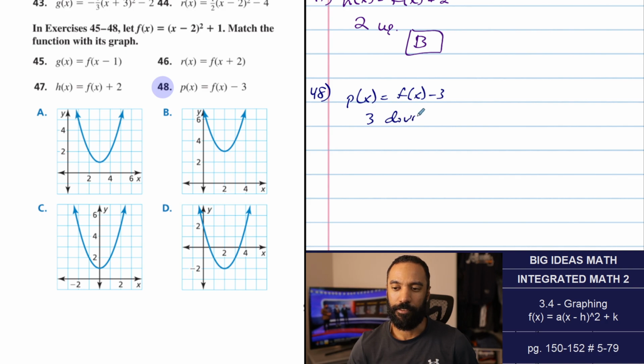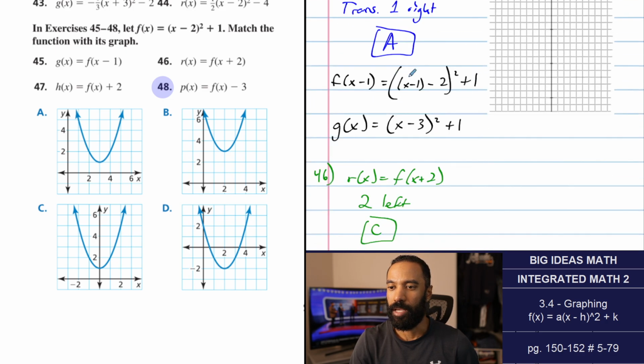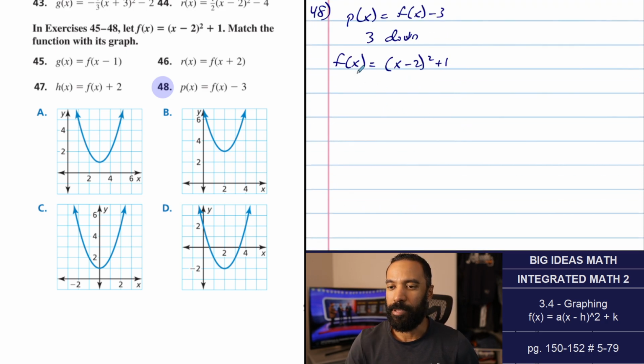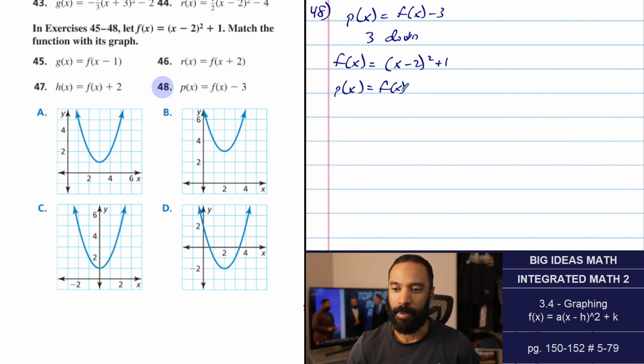But if you're confused on what we're actually doing, the original function is f of x equals x minus 2 quantity squared plus 1. Now, P of x is f of x minus 3, which is taking f of x and subtracting 3 from it.